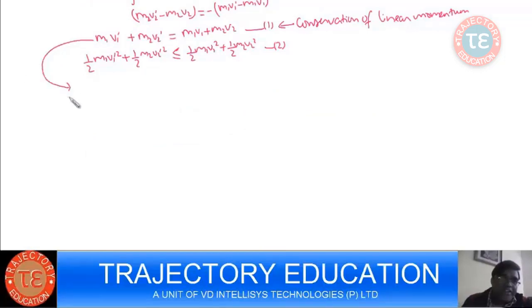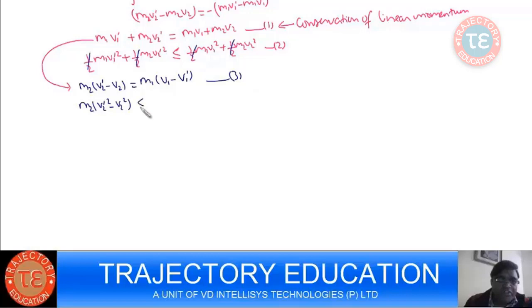Now I can transform this equation, and I can write m2 (v2 dash minus v2) and m1 (v1 minus v1 dash), I can call it 3, and I'll cancel all these halves, and I can write m2 (v2 dash square minus v2 square) is less than or equal to m1 (v1 square minus v1 dash square).